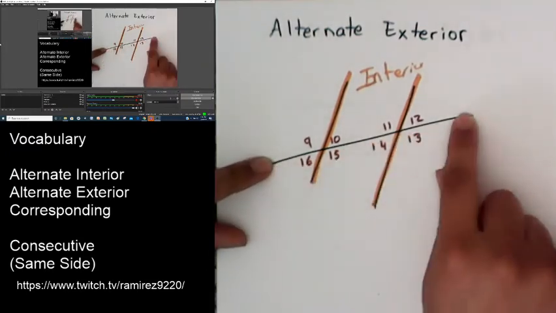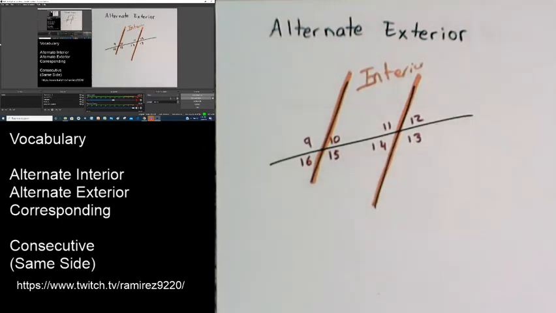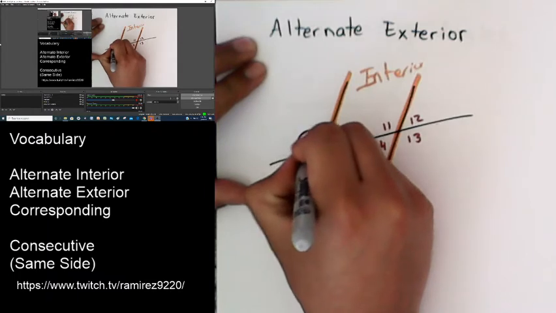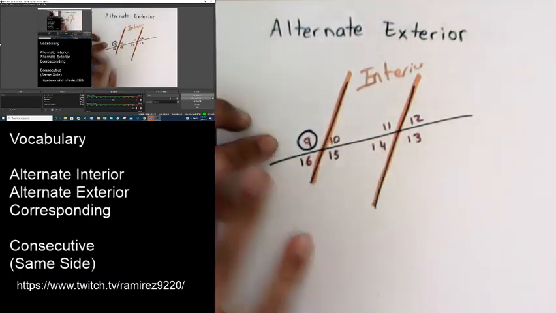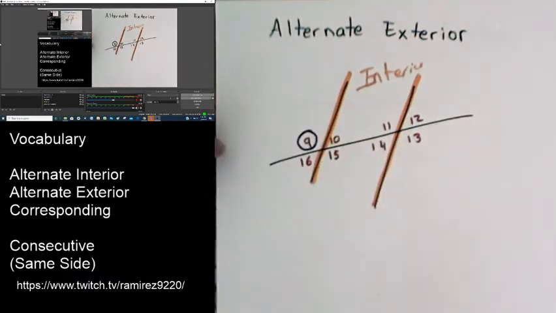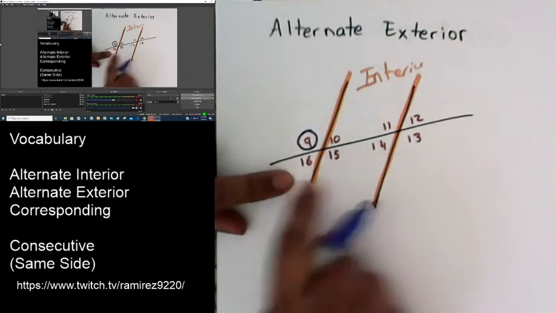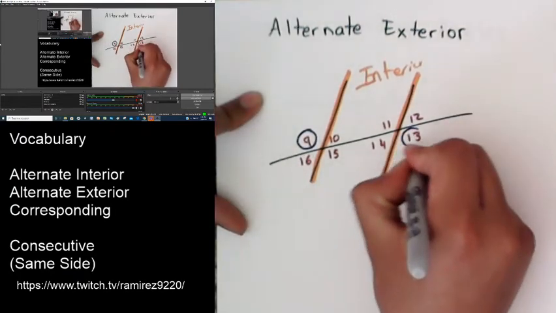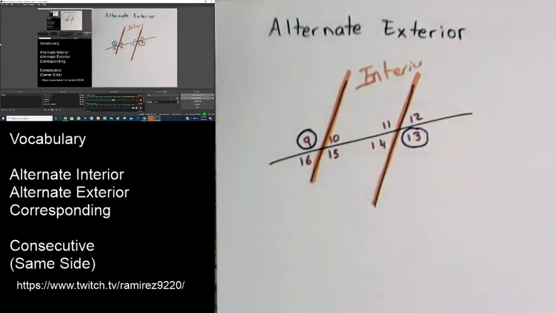This black line is my transversal. So let's say I picked this 9. It has to be on the other side of the transversal, but not next to it, so 13. 9 and 13 are a good example of alternate exterior angles, just like 16 and 12 are as well.